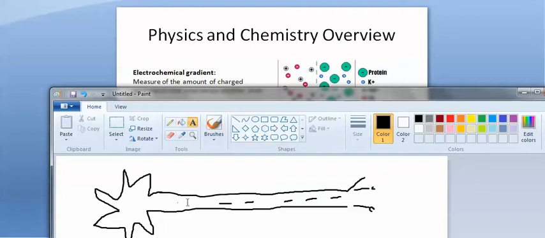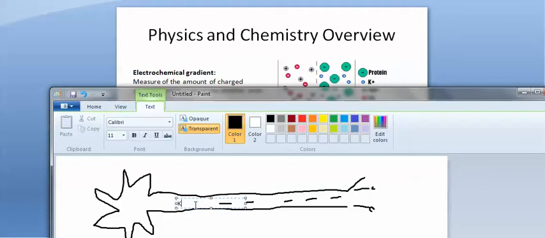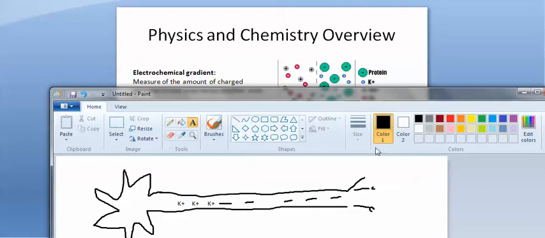And then we also have our potassium in here. So I'm just going to put K plus. Lots of K pluses inside of our cell. So that's potassium, okay? And then on the outside of our cell, we're going to have lots of sodium.